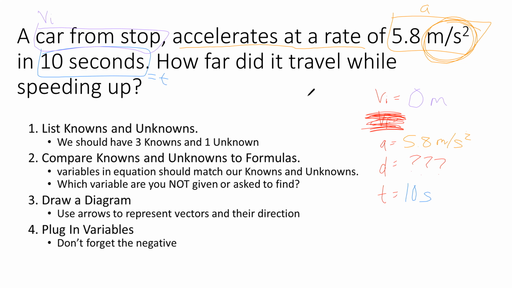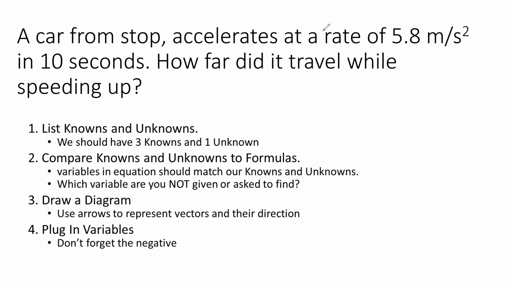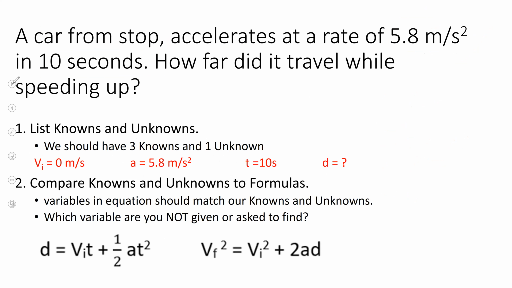We need to find which equation has all that stuff. So if we go to this next one, we filled in that VI was equal to 0, A was equal to 5.8, T was equal to 10 seconds, and we're looking for D.